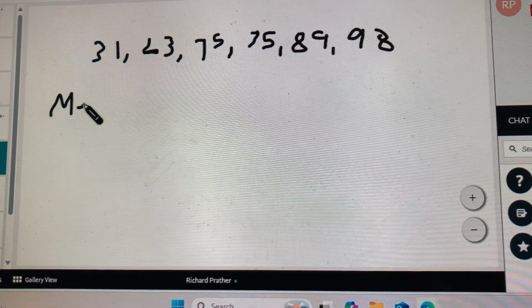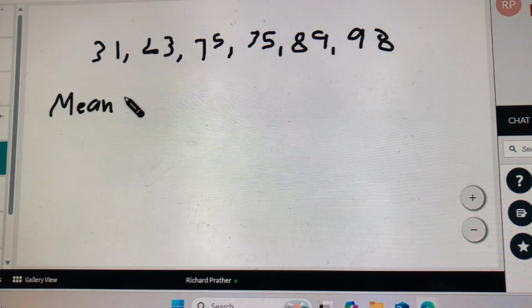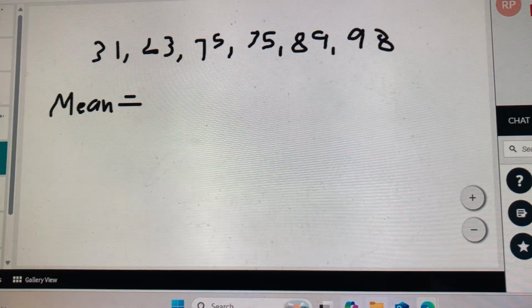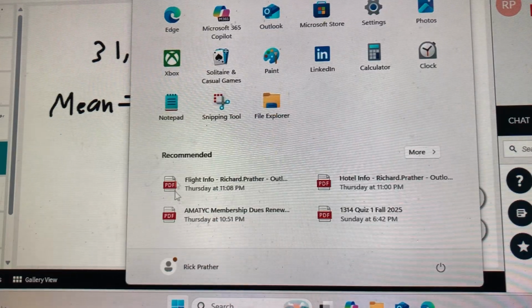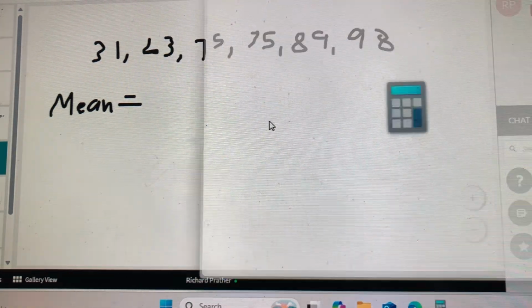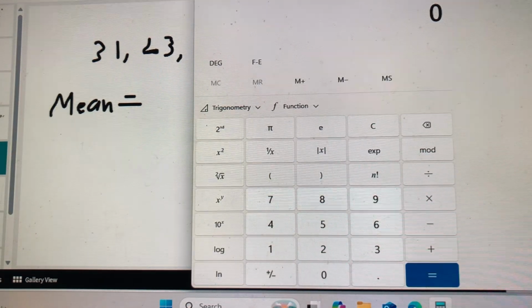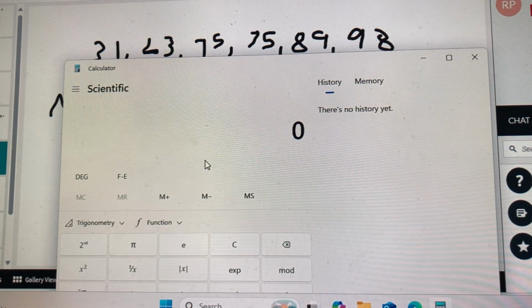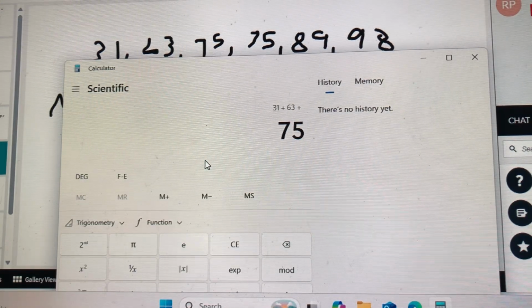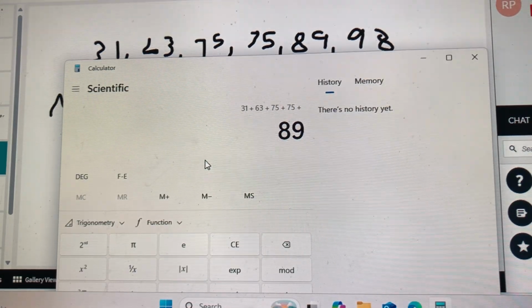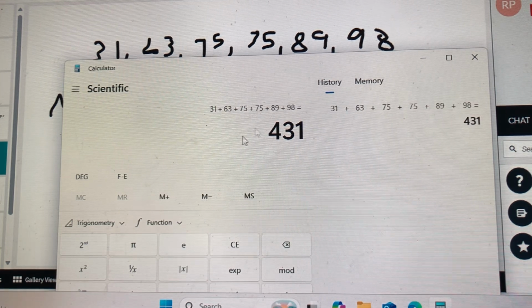The mean is when you add them up and divide by how many there are. So still, we don't need a real fancy calculator to do this. I'm just going to use a plain, simple calculator right here. So if I do 31 plus 63 plus 75 plus 75 plus 89 plus 98, that's the sum, 431.